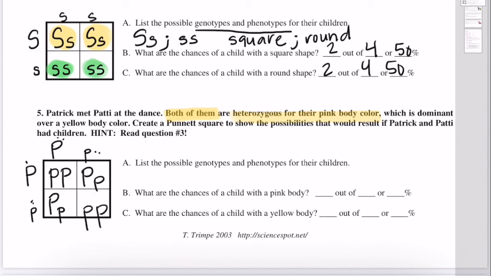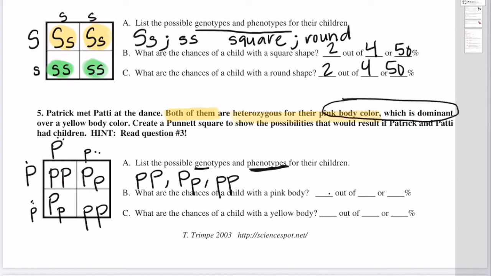All right, so now we're going to list out our genotypes, which again is the gene, how the alleles are looking, represented by letters. And that would be big P, big P, big P, little p, and also little p, little p. It also wants to know the phenotypes, or how they physically look. And we know that pink is dominant.